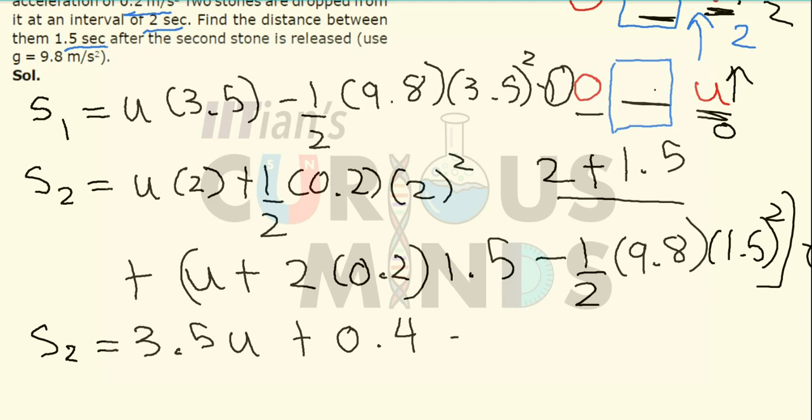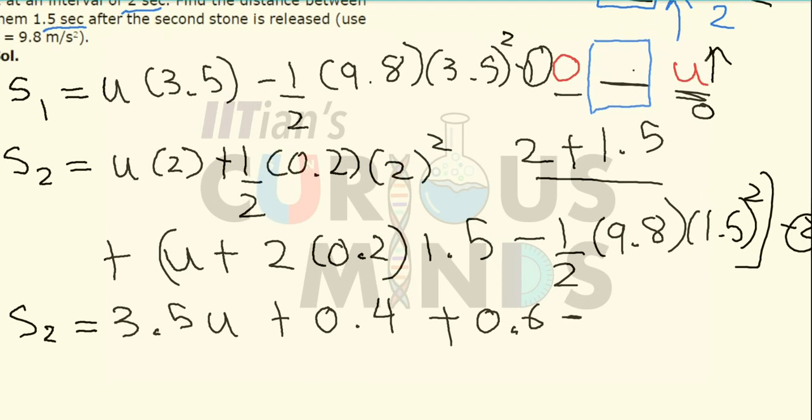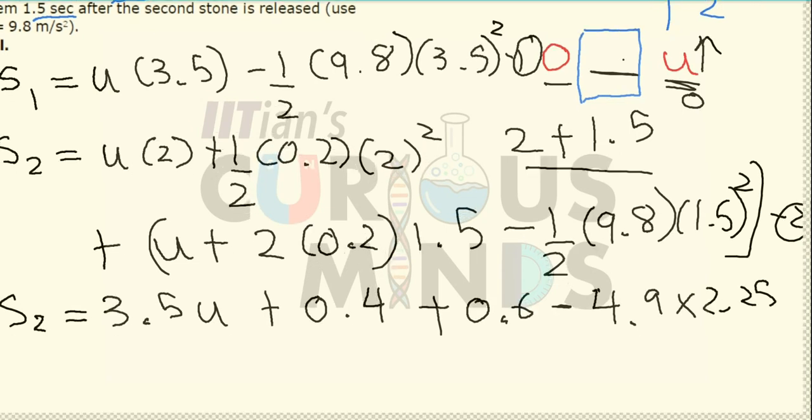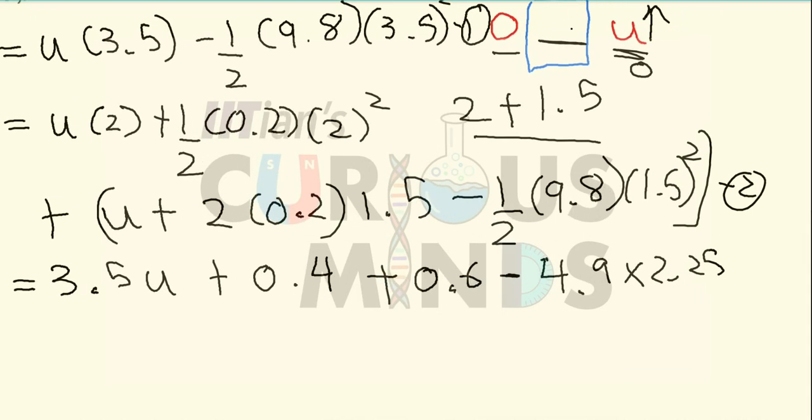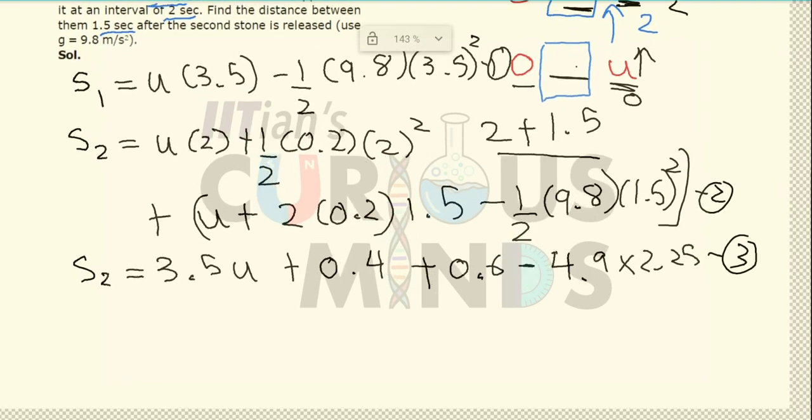Plus, over here, 2 into 0.2 is equal to 0.4, and 0.4 into 1.5 will be equal to 0.6. Minus half g t square, which is equal to 4.9 into 1.5 square, that is 2.25. I have simplified the second equation itself.